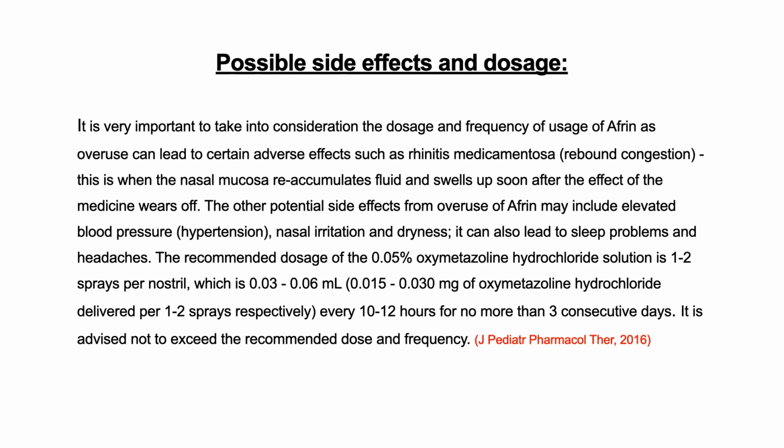Now, based on my calculations, the recommended dosage of the 0.05% oxymetazoline hydrochloride solution is 1 to 2 sprays per nostril. 1 to 2 sprays delivers 0.03 to 0.06 milliliters of the solution, which has 0.015 to 0.03 milligrams of oxymetazoline hydrochloride. 1 to 2 sprays should be administered every 10 to 12 hours for no more than 3 consecutive days.